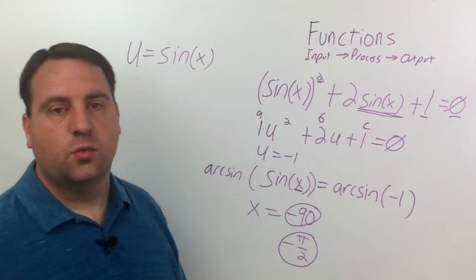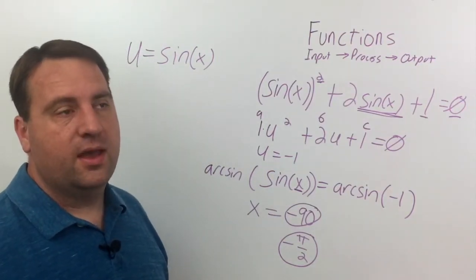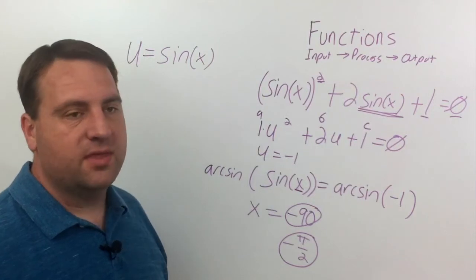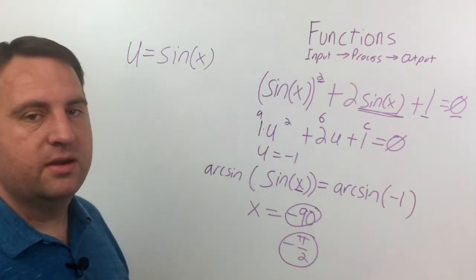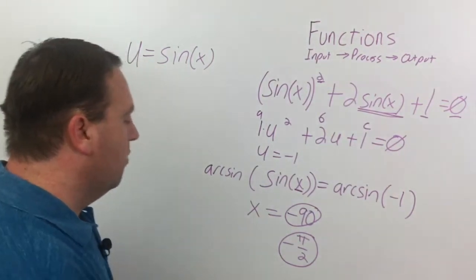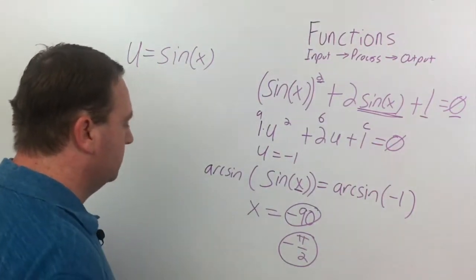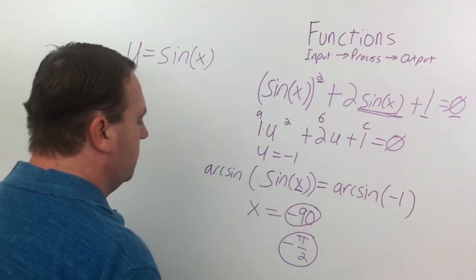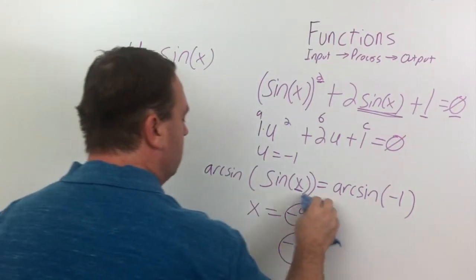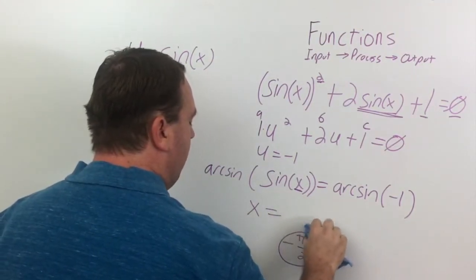In calculus, we prefer radians, and the reason for that will come much later in the course. But radians simplify a lot of different calculus operations. So we will say that our answer is negative pi over 2.